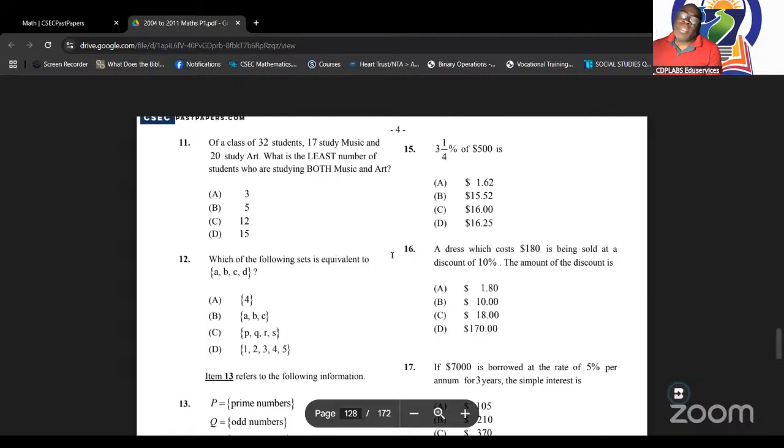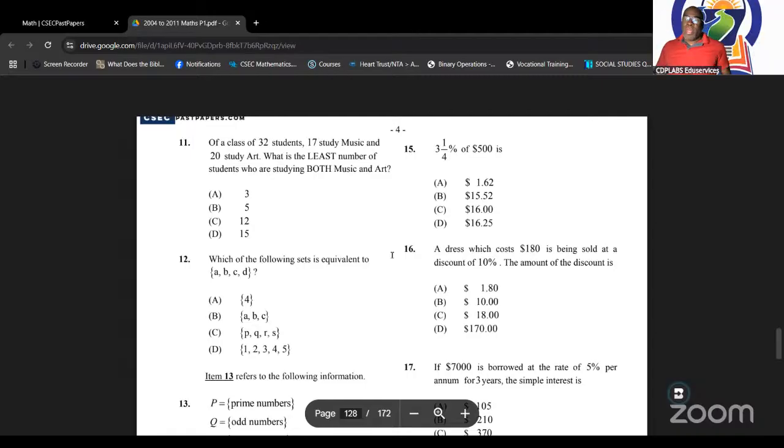When we talk about equivalent sets, we really mean the number of elements in each set is the same. Not the elements, but the number. How many elements are in this set? 4. So which of the sets from A to D has the same number of elements? C. That's it.